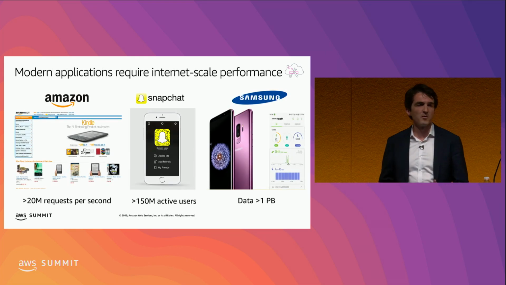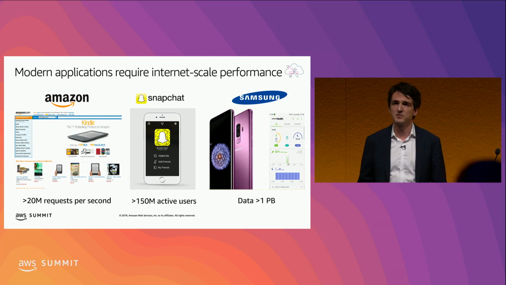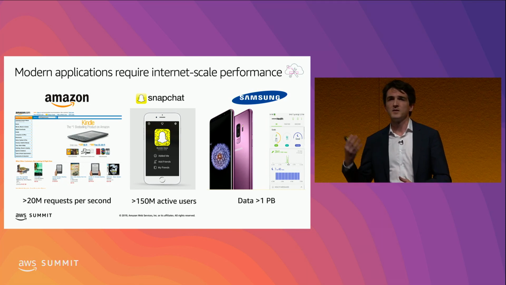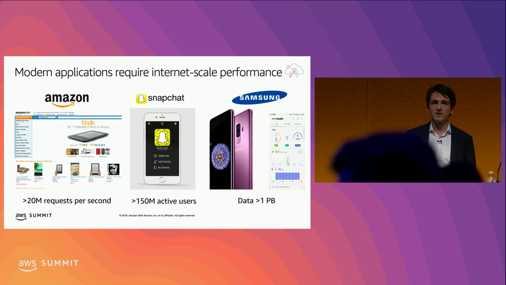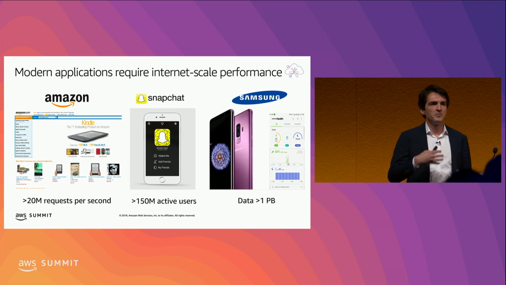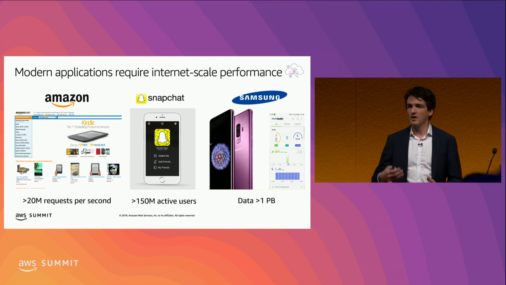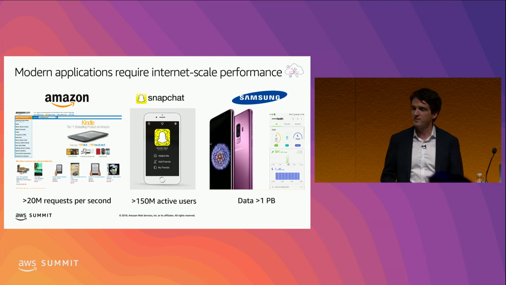These apps power some of the largest providers in the world, such as Samsung, Snapchat, or Amazon.com. For example, for Amazon, we peak at 20 million requests per second during large events like Black Friday.